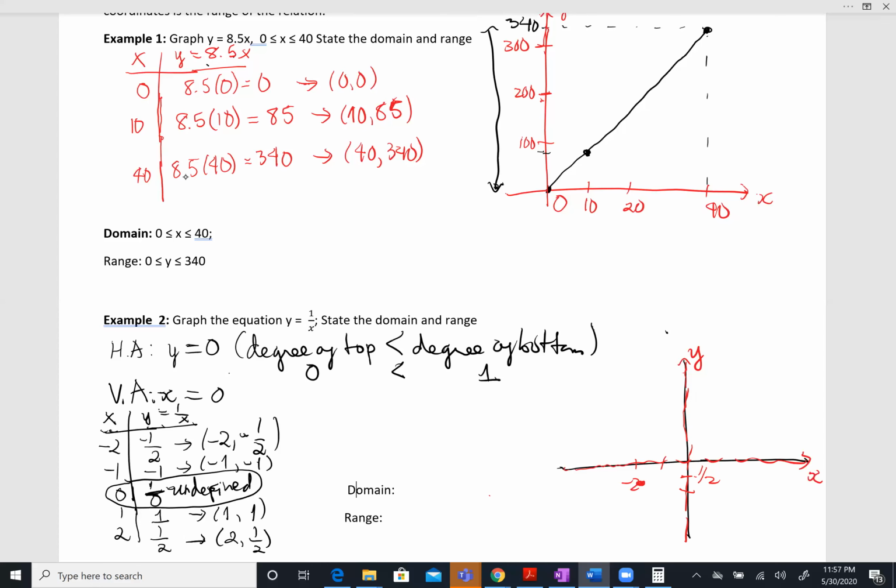I have 1 point here, and then -1 here, and -1 here. And I have 1, 1, 1 here, and 1 here. And I also have 2 and 1/2, 2 here, 1/2.